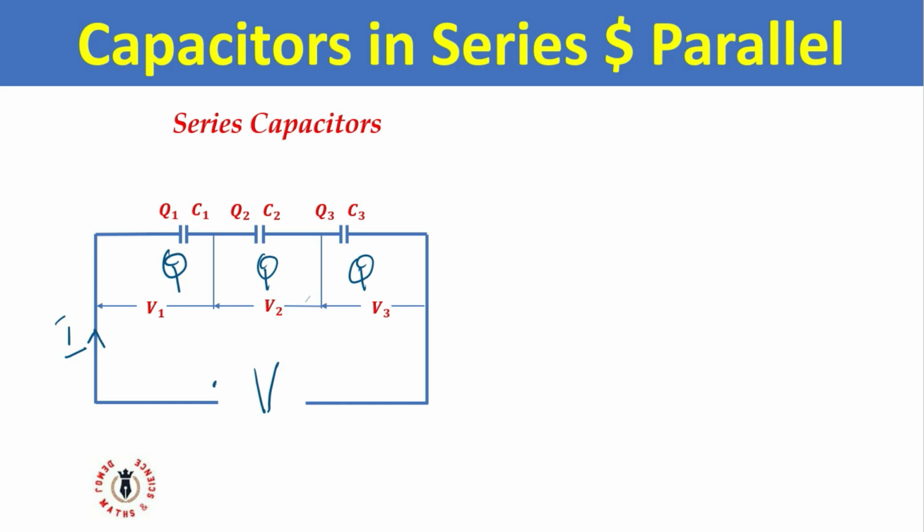But for the total voltage across the set, it will be equal to the sum of their individual voltages, so that V is equal to V1 plus V2 plus V3.